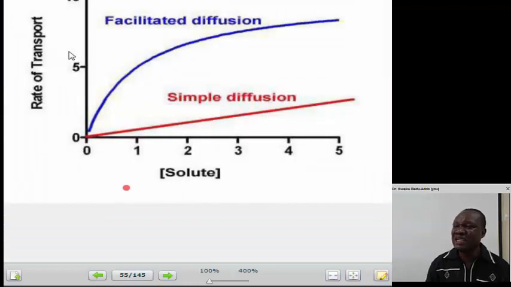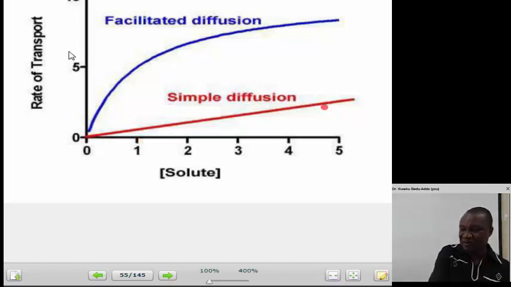Secondly, facilitated diffusion exhibits what we call saturation. If we look at this graph, this is simple diffusion. As the concentration of the solute increases, the rate of transport increases in simple diffusion.